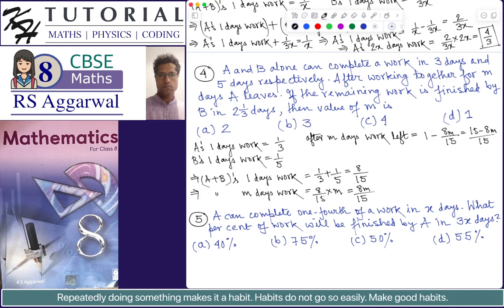Now let's see if we can find how many days the remaining work will be completed by B. Since we know that B's 1 day's work is 1 by 5, in how many days will B complete the work 15 minus 8m by 15?